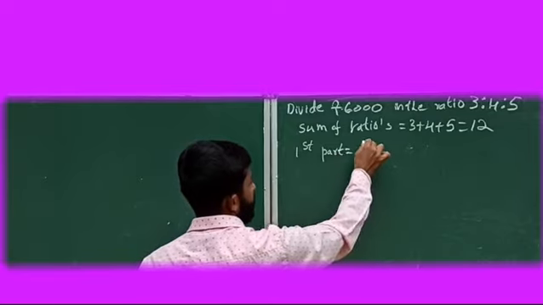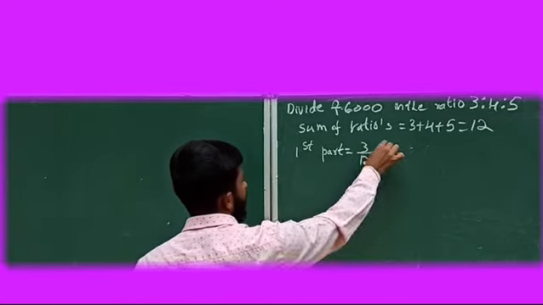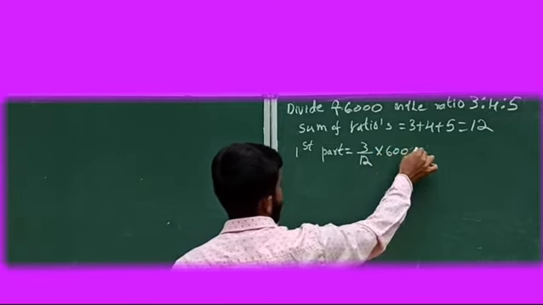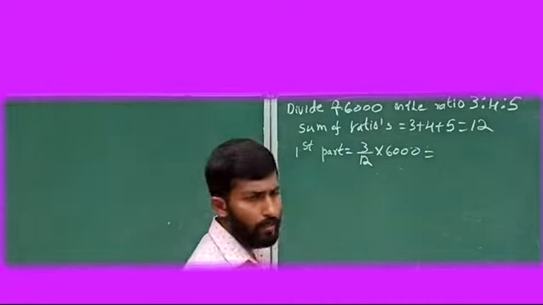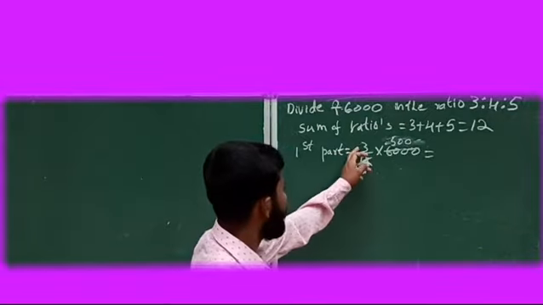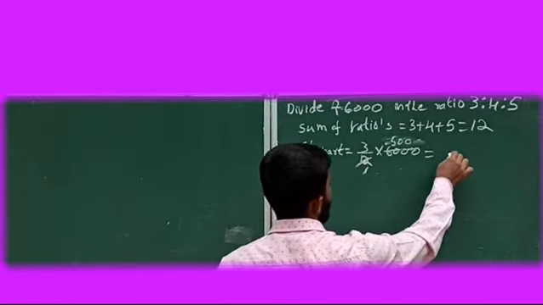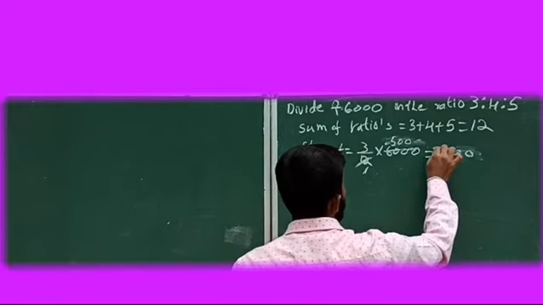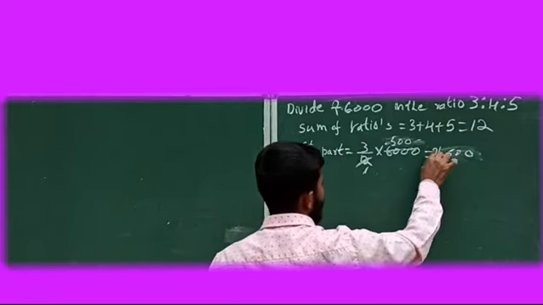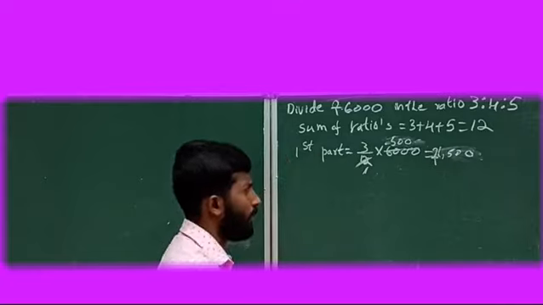It is equal to 3 out of 12. 3 by 12 of 6,000. It's equal to, divide 6,000 by 12, 500. Then multiply 500 by 3. It's equal to 1,500. Here rupees is given, so take the unit rupees.